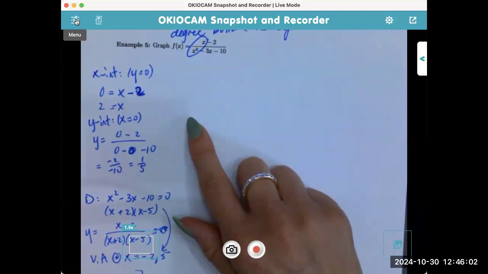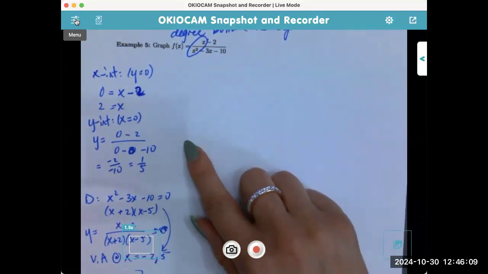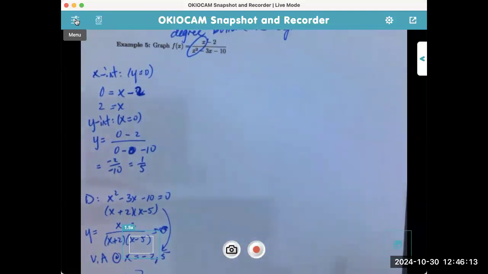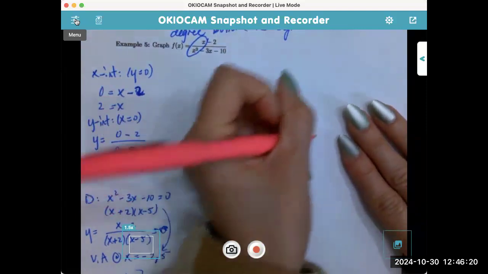Sorry, bear with me. I know this is so thrilling for you. It's really fun when we have two vertical asymptotes because you get some loops in there.